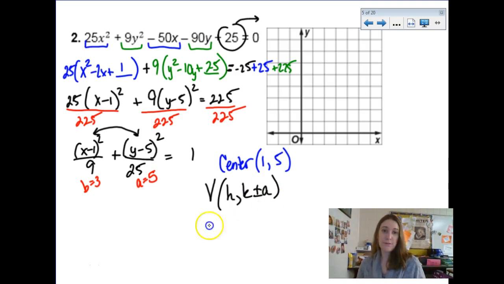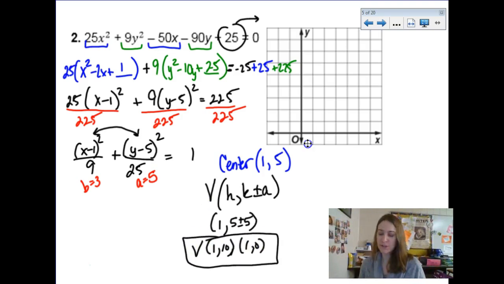So for us, that would be at 1 comma 5 plus or minus 5. So that gives me the ordered pair 1 comma 10, and 1 comma 0. So there's my major axis endpoints, those vertices.